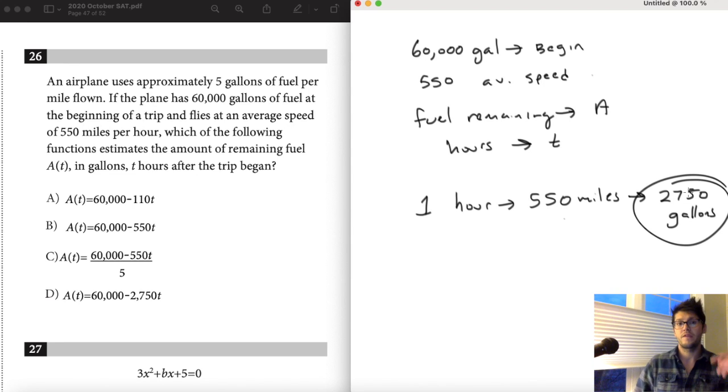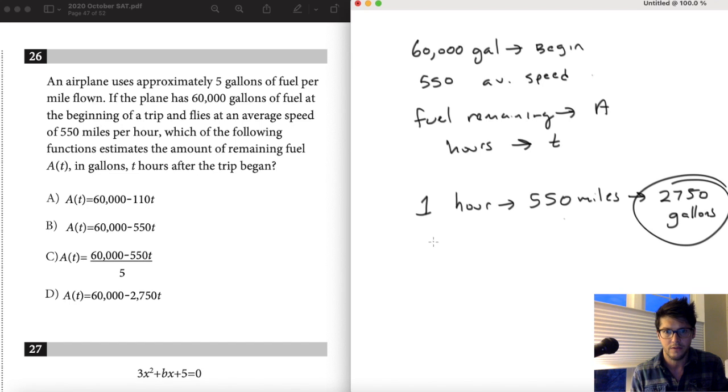550 miles, 5 gallons for every single mile. Making sure it wasn't 5 miles per gallon, which is what we usually kind of say in this situation. In this case, 5 gallons for 1 mile. 2,750 gallons in 1 hour. Look, it's got to be D then. That's a slope. But I could figure this out if I wasn't sure about that.